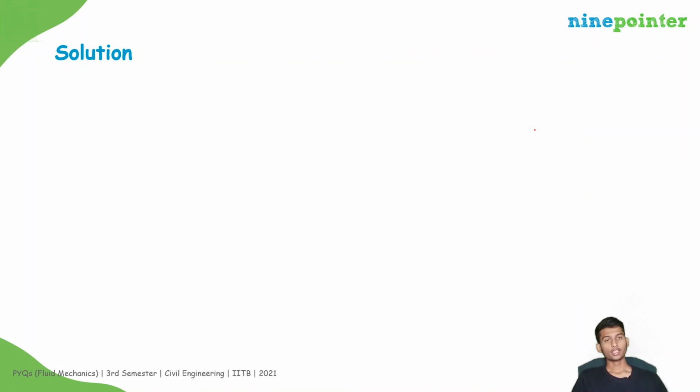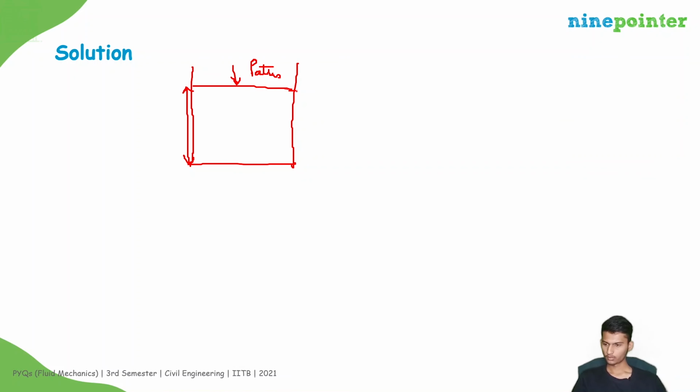Okay. Then the pressure at the bottom: here it will be atmospheric pressure. This is 4 meters, and this is 24 meters, and this is 2.5 meters.